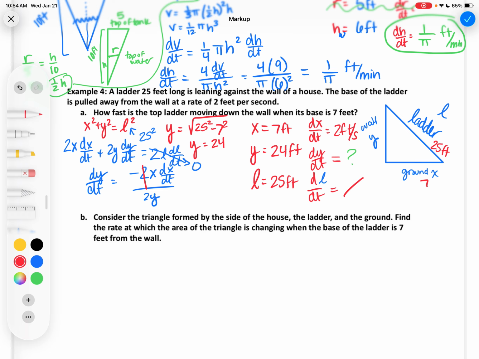Well, I know that the 2's will cancel, and then I just need to plug in stuff at this point. So this is negative 7 times 2 divided by 24. So that's 14 over 24, or well, I can take out a 2. So negative 7 over 12, and that'll be feet per second.